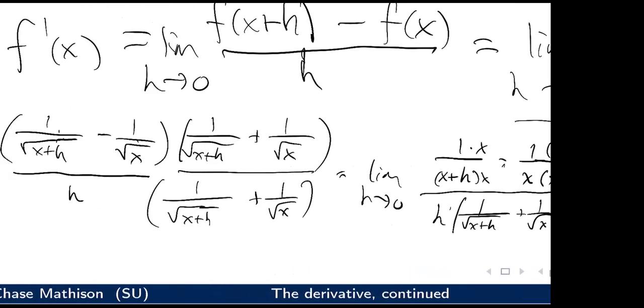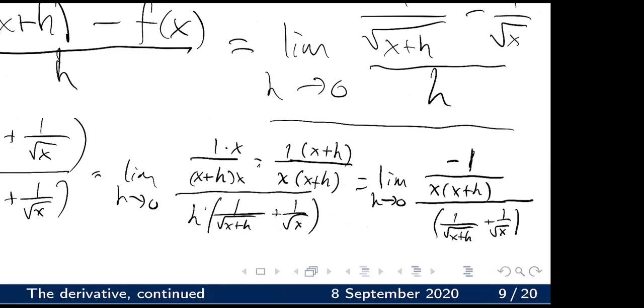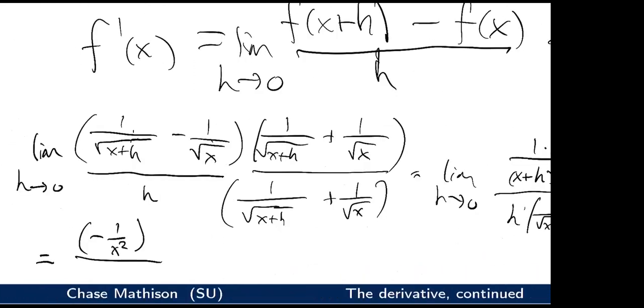In the top, I have negative 1 over x squared, divided by, in the bottom, I'll just have 1 over the square root of x plus 1 over the square root of x. So that's going to be the bottom: 1 divided by 2 square root of x.